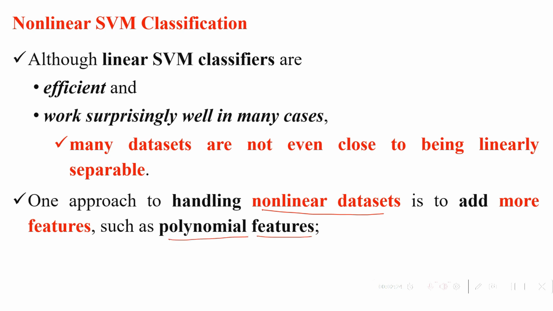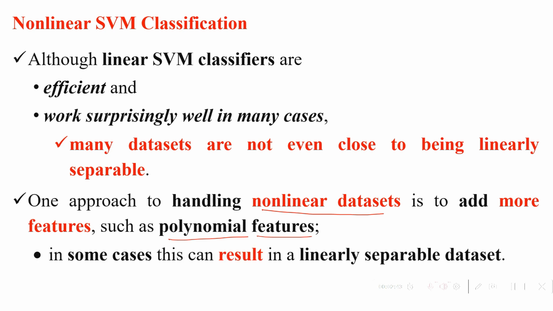For example, some data points are not separable using a linear equation. At that time, we add a new feature based on the existing feature. That is called a polynomial feature. Based on that, we classify, and this is called nonlinear support vector machine classification. In some cases, this can result in a linearly separable data set.